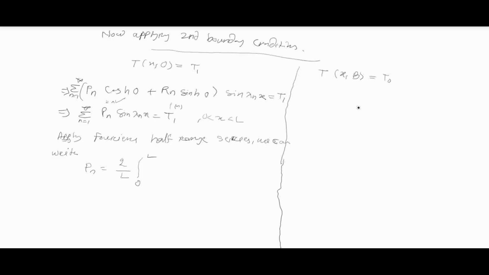This T1 will come this side, T1 then sin(lambda n x) dx. Okay, 0 to L sin(lambda n x) dx.